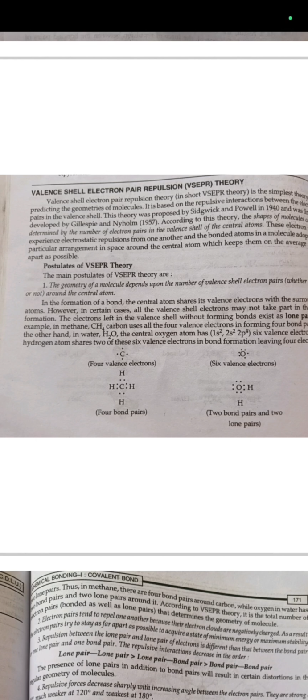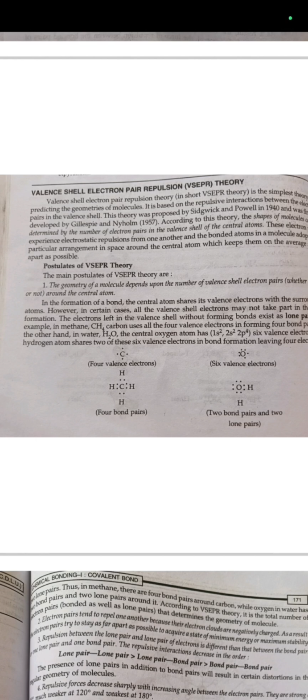According to this theory, the shape of the molecule can be determined by the number of electron pairs in the valence shell of the central atom. These electron pairs experience electrostatic repulsion from one another, and bonded atoms in a molecule adopt that particular arrangement in space around the central atom which keeps them, on the average, as far as possible.